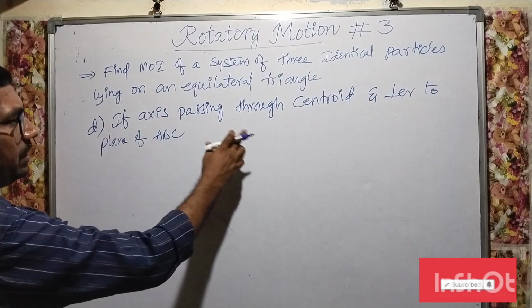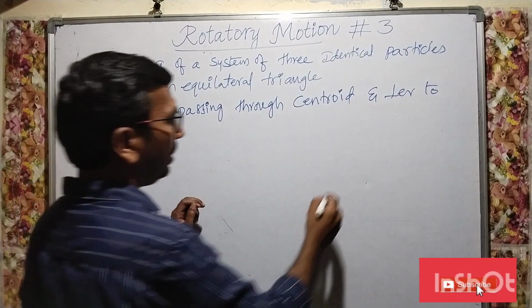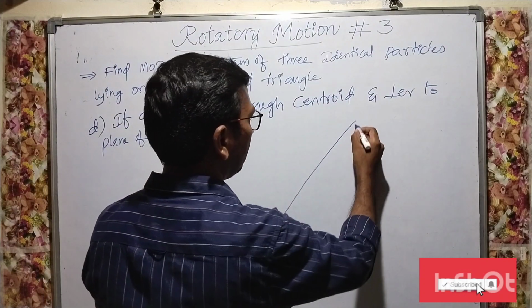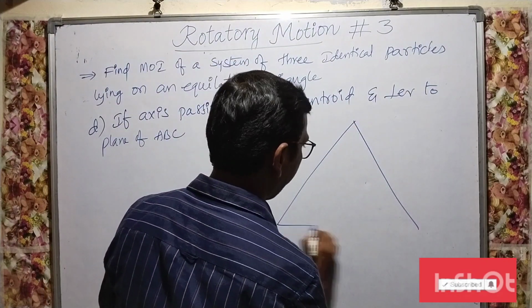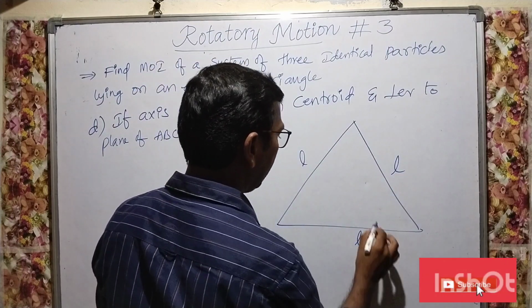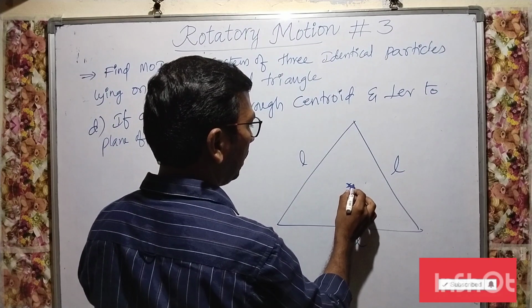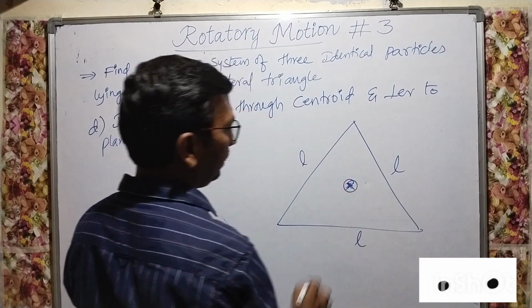Now, if the axis passes through the centroid and is perpendicular to the plane of ABC, first you draw an equilateral triangle of side L, each side is L. This is the centroid, and the axis passes exactly through the centroid like that.